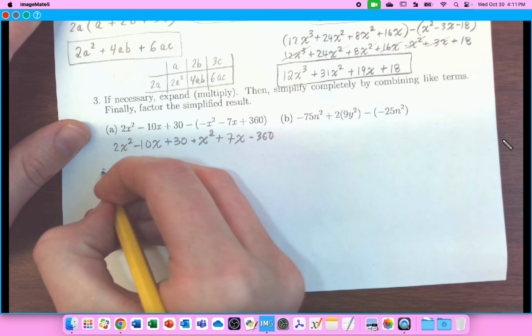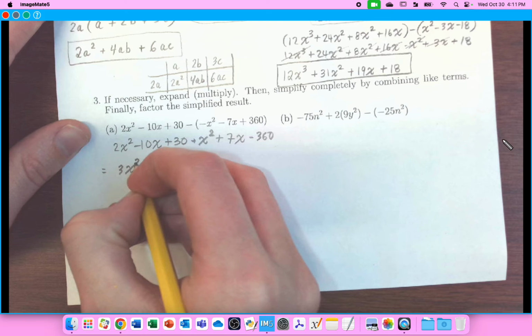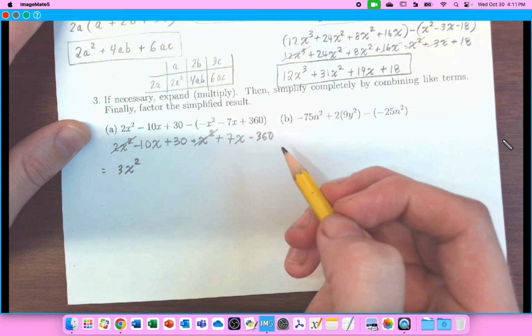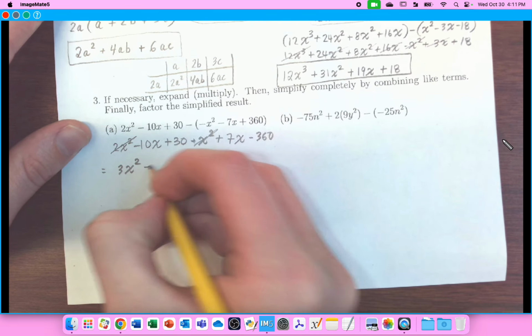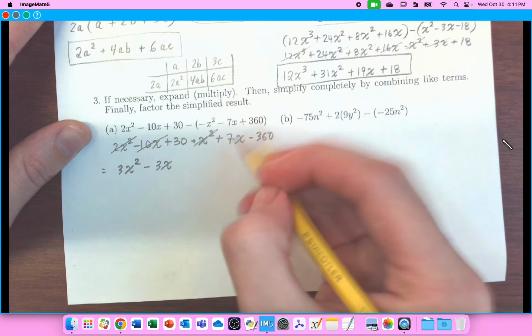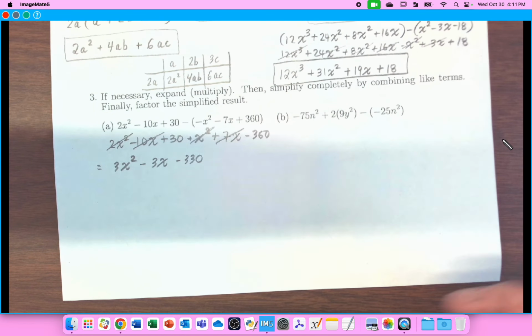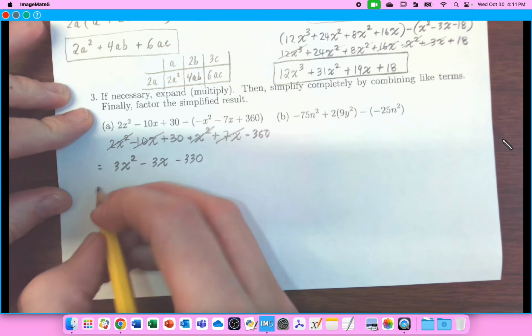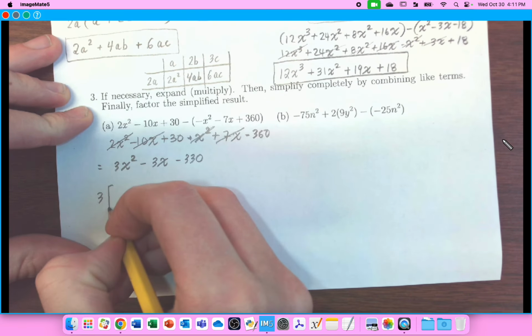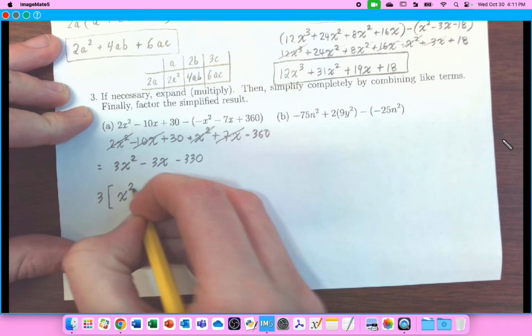How can I combine like terms? I have 3x squared minus 3x minus 330. I can tell from looking at this that I can factor out a greatest common factor of 3.